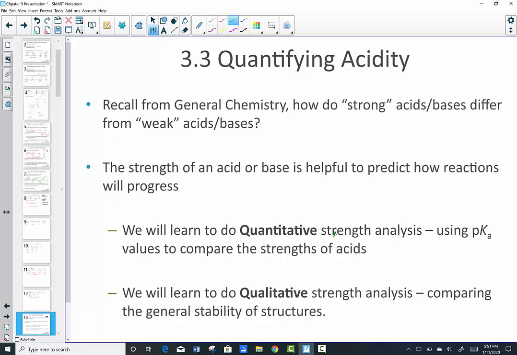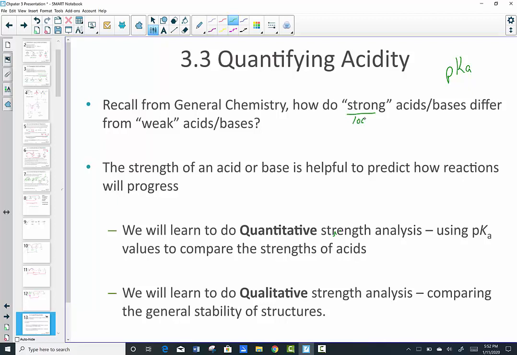Now in Gen Chem 2, you talked about strong versus weak and setting up an equilibrium. I represent the term strong as the ability to 100% ionize in an acid reaction or a basic reaction. For example, HCl is one of the 7 strong acids.